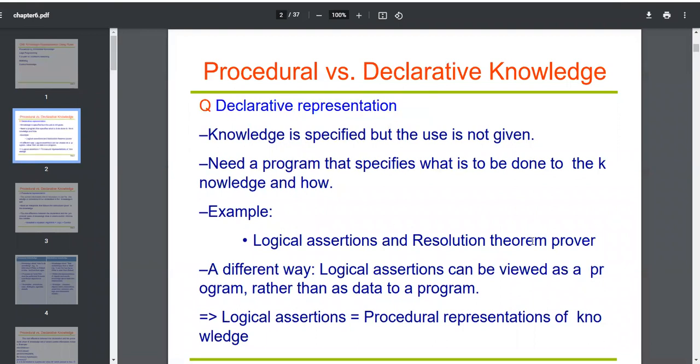We do have facts. We represent them in terms of predicates. We also represent that in terms of clausal form. We apply resolution, but we are just declaring the knowledge, and we are not focusing on specifying the procedure or the rule for how this knowledge is going to be processed. Okay, so that is called declarative knowledge representation.